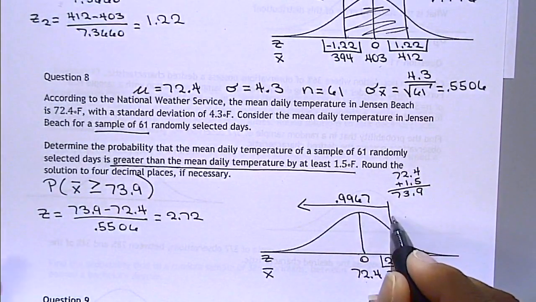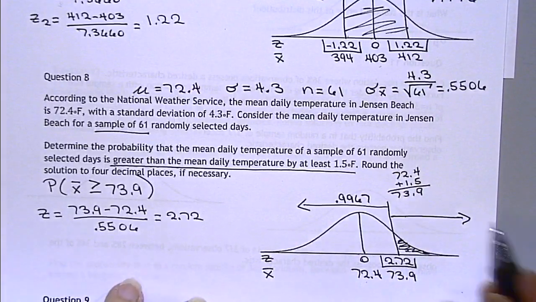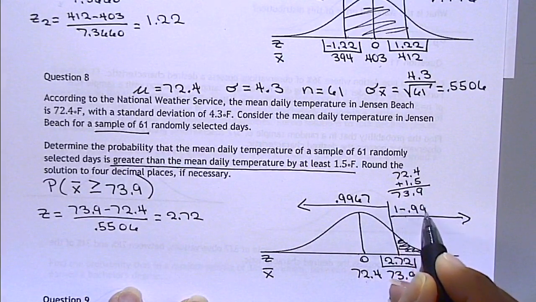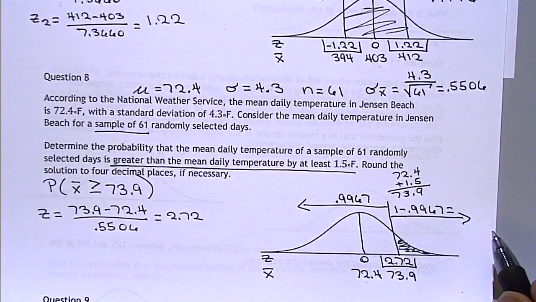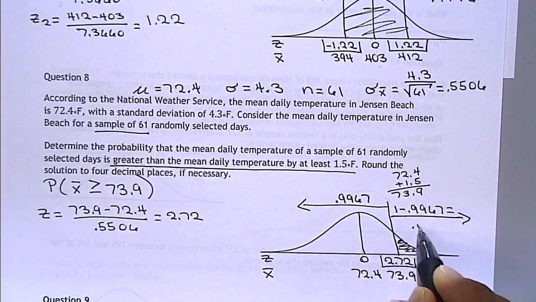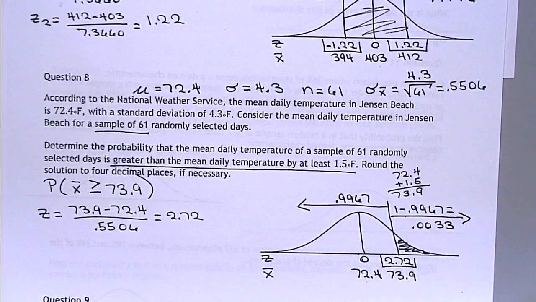That was not what they asked for, though. They want this area. So I could say, well, that's the rest of the curve, 1 minus 0.9967, and I would get 0.0033.